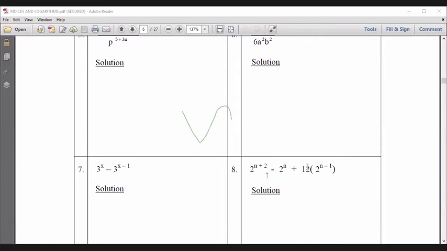So I have 12 divided by 2, 6. Third step is going to be 3 into 2 power n plus 6 into 2 power n. Like terms, 3 plus 6 is 9. The answer becomes 9 times 2 raised power n. Yes. That's okay.